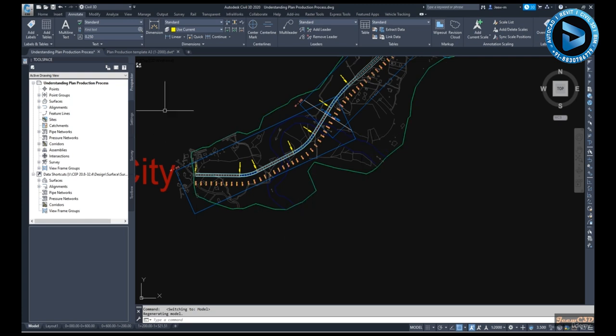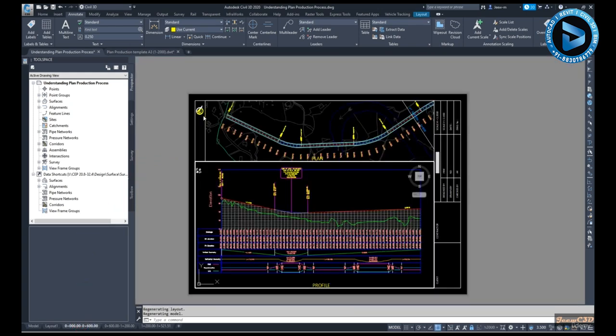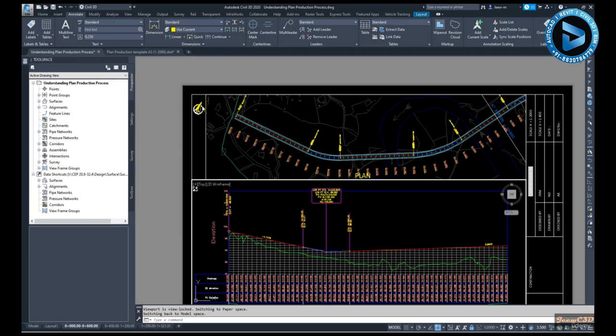Usually the north value is in the upward direction. When you rotate this one to get it horizontal, your north arrow is also rotating to the right side. You can see it here. Now your north arrow is rotated slightly in this direction.